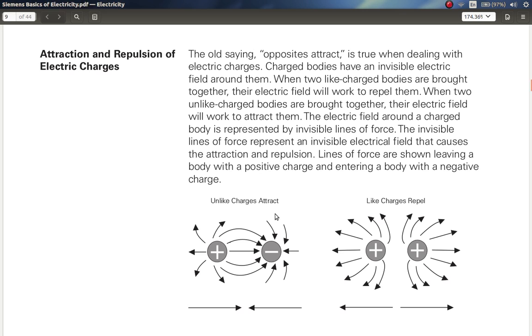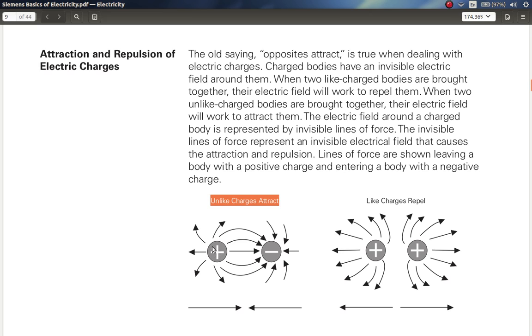Now, the electric field around a charged body is represented by invisible lines of force. The invisible lines of force represent an invisible electric field that causes the attraction and repulsion. So you can see the illustration here. The one on the left is positive, the one on the right here is negative. You can see here, we're dealing with this part, unlike charges attract.